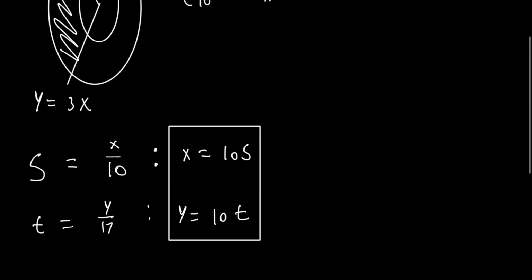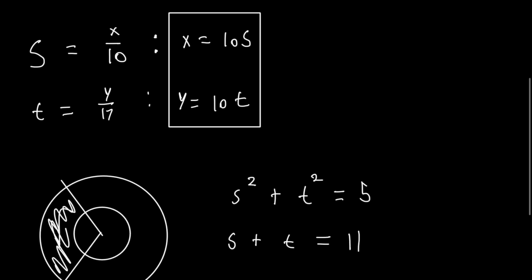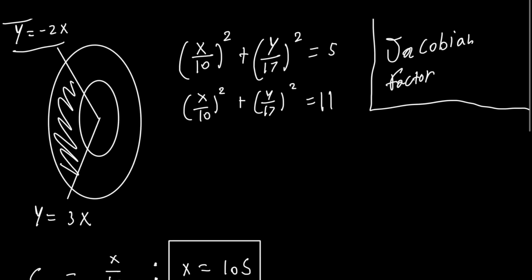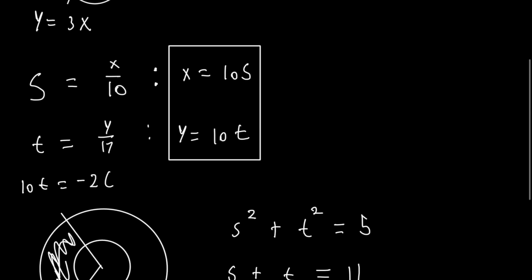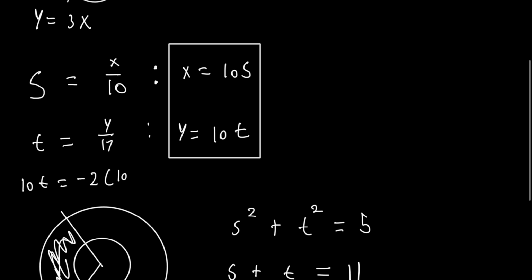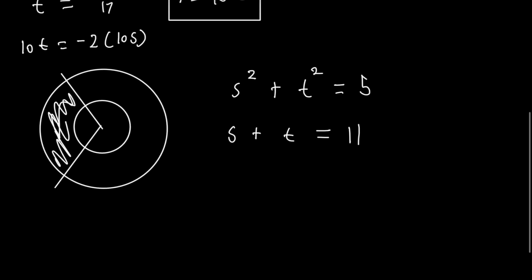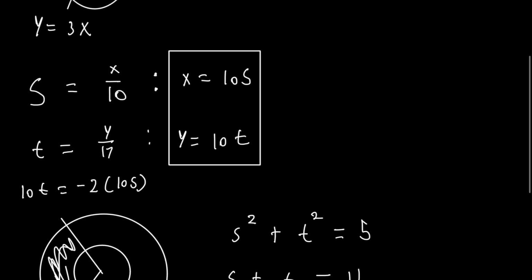Now, our points are here. y equals negative 2x. What does our y equal? Our y, 17t, equals negative 2 times our x, which is 10s. Here, 17t equals 3 times 10s. Oh, that cut out. Actually, that's incorrect.